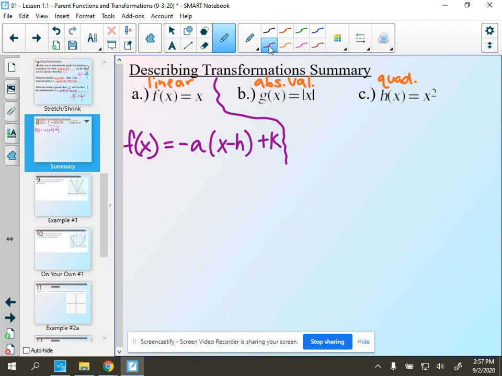So what did I do? I've taken this x and I've done stuff to it. I've potentially subtracted h from it. I've potentially multiplied that by a. I've potentially multiplied that by -1. And then I've potentially added k to that whole thing.